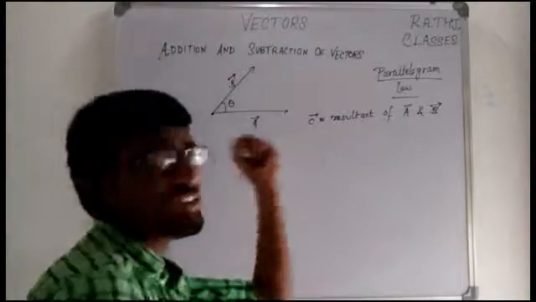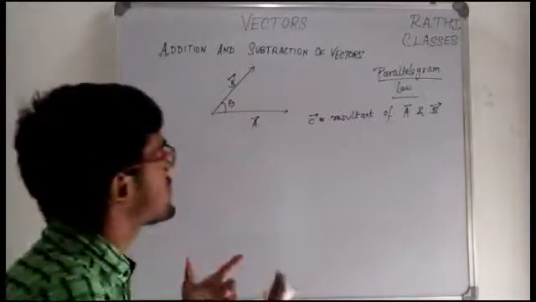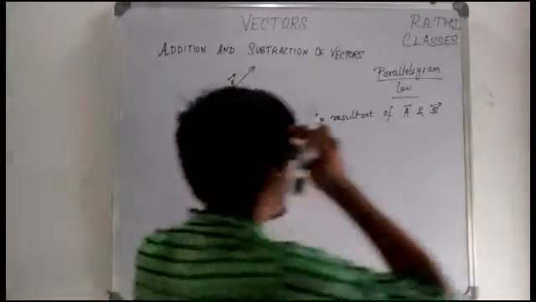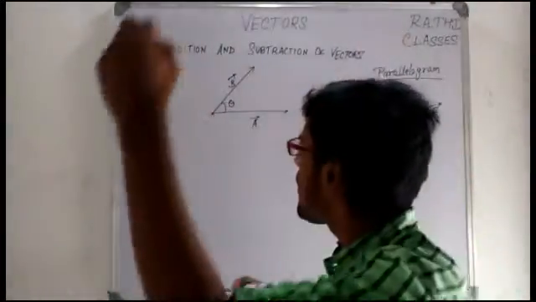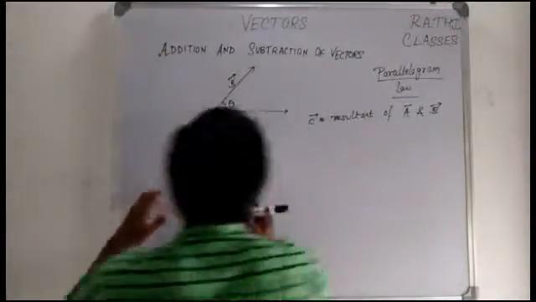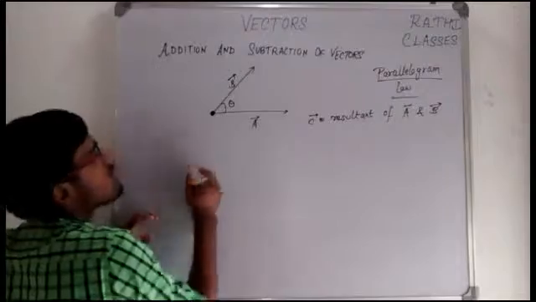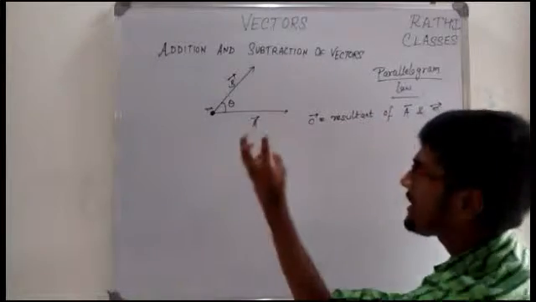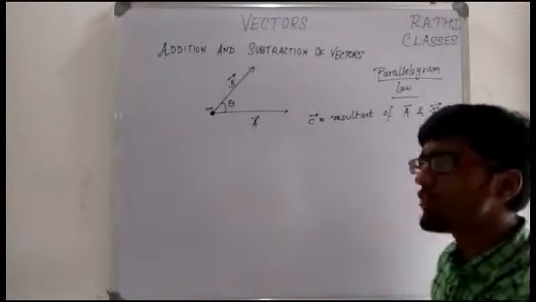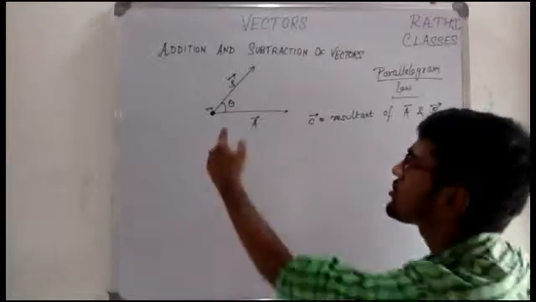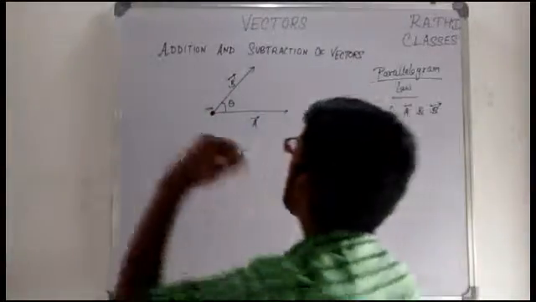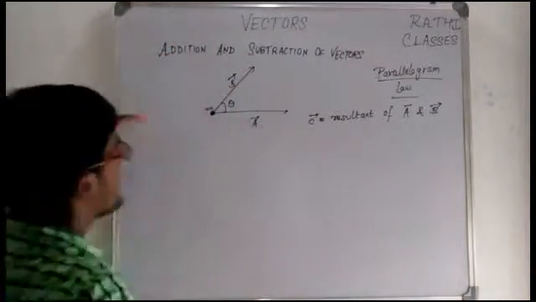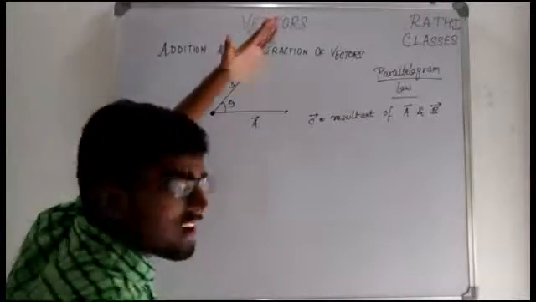This means that this vector C is the single vector which can produce the same effect as produced by A and B together. For example, for visualizing this, again I can assume a small particle here, say of mass small m, right? Or visualize a person standing here, and there are two forces acting on the person or that mass, one in this direction and the other in this direction, right?